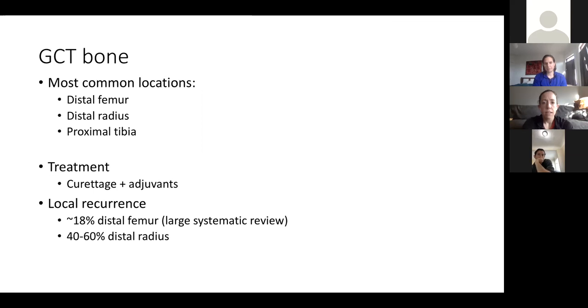Nice. Isn't giant cell the one that has some evidence that denosumab is helpful for it? Oh yeah, great question. Denosumab is quite helpful, but the problem is you can't really come off of it, because denosumab targets the reactive multinucleated giant cells and not the actual tumor cells, which are the mononucleated background cells.